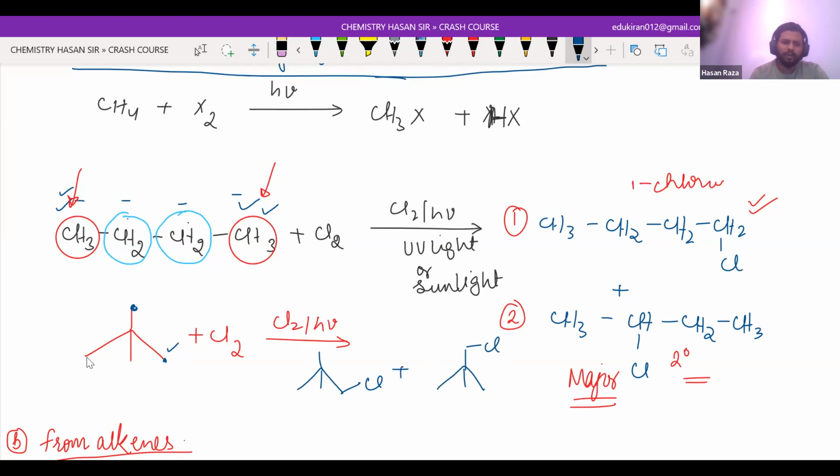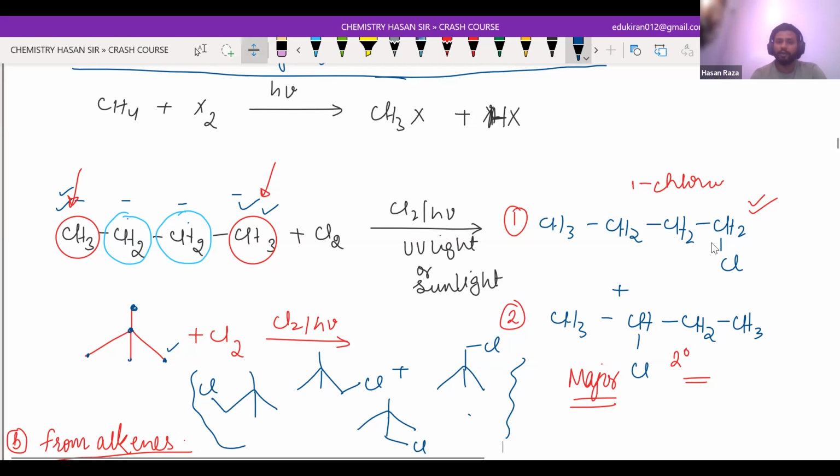If you replace from this, you will get this. And there is no hydrogen here, so you cannot replace. And if you write the names, all four products will have the same name. That means these are all identical compounds, so only one product is there from this reaction. Okay, can I change the slide?